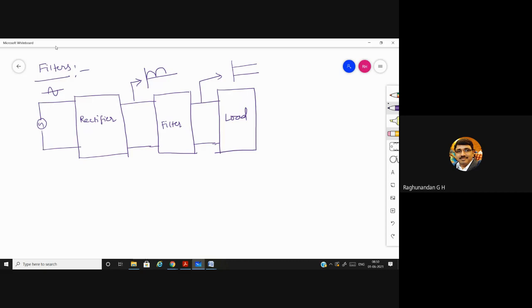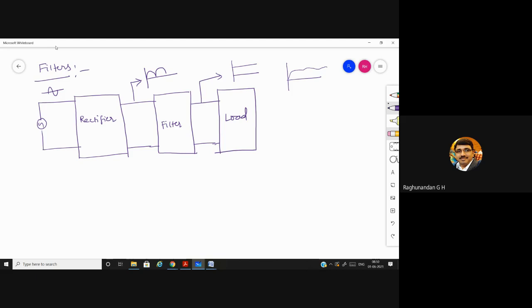Practically speaking, it will not be completely DC. Even after this, we'll have fluctuation like this, but compared to this one, it almost matches the DC graph. That's why we say almost all of the AC component has been removed.